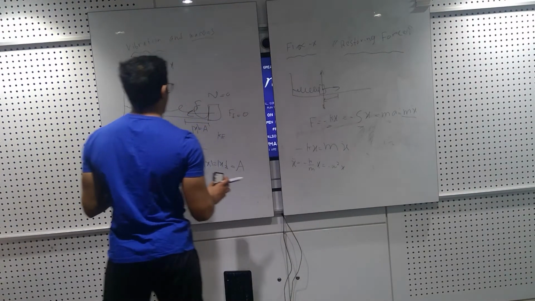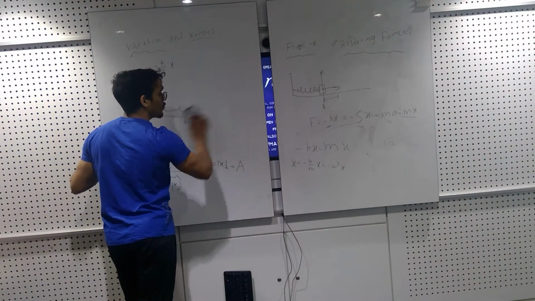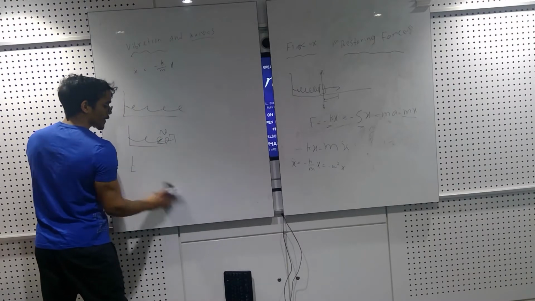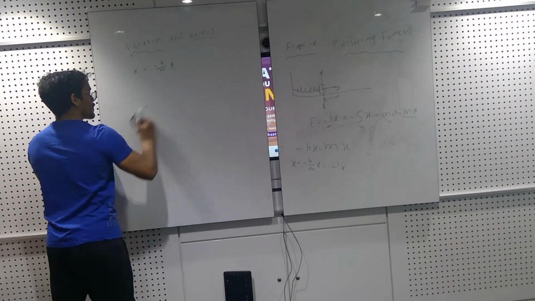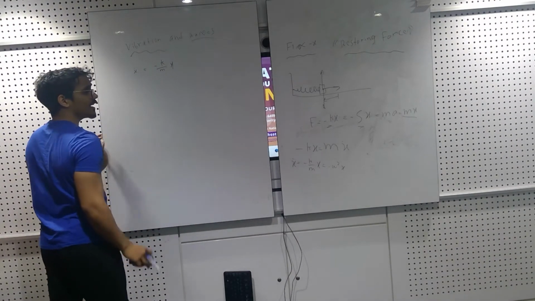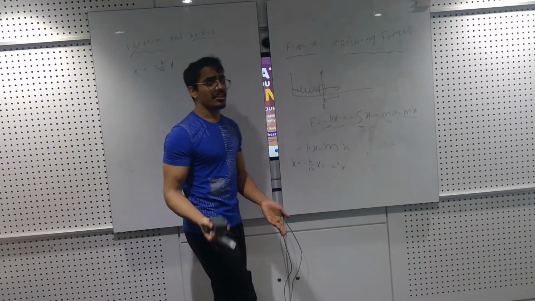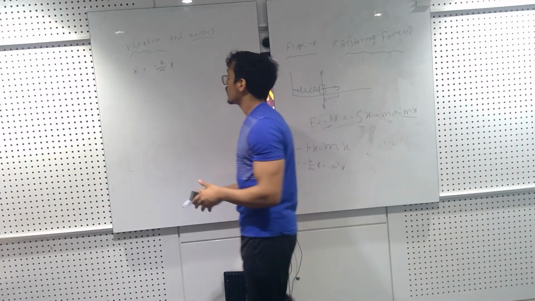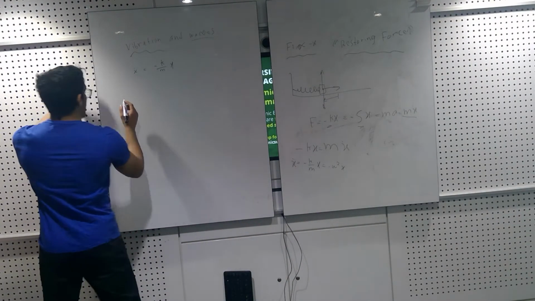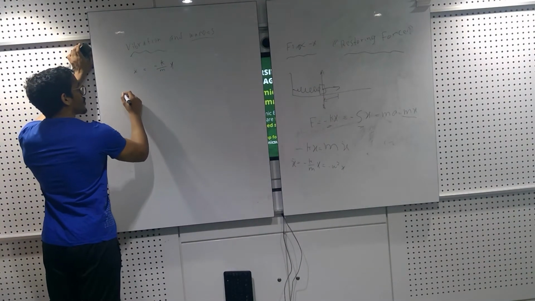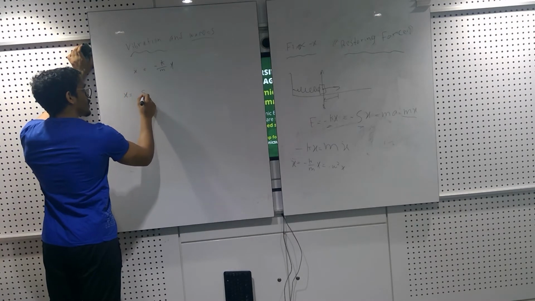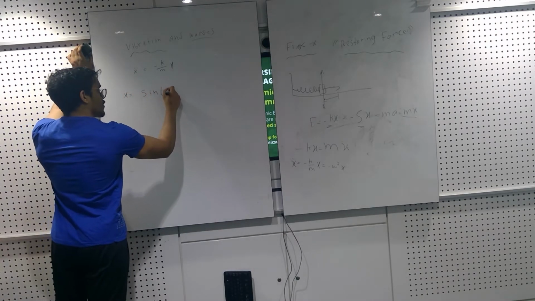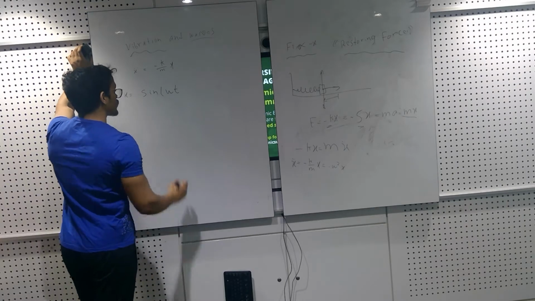That's how we're going to figure out the function. We want a function that is periodic, which means the period can be constant or it cannot be. We don't know for sure, but let's figure out a reasonable solution. A reasonable solution is x equal to sine of omega t.